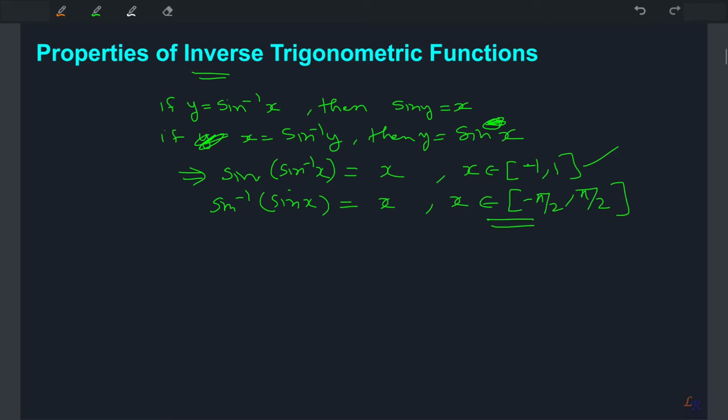If the inverse exists, then of course they are under the principal value branches where they are one-one and onto. This we have already seen in our previous discussions, the basic concepts.